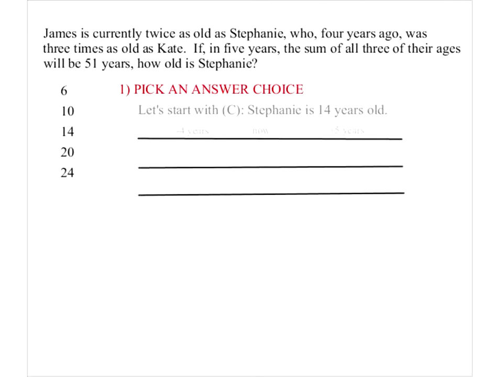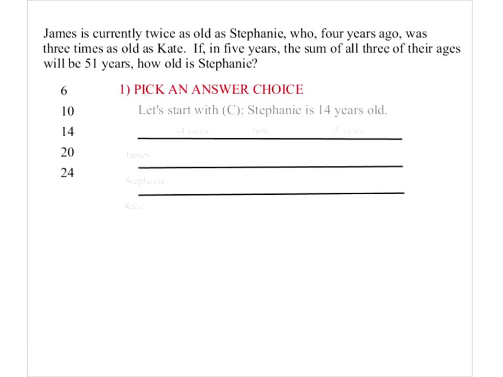Let me change that. Okay. And then you have 3 people in the problem, which are James, Stephanie, and Kate. Okay, so let me copy and paste this stuff onto another slide. You'll see why momentarily.